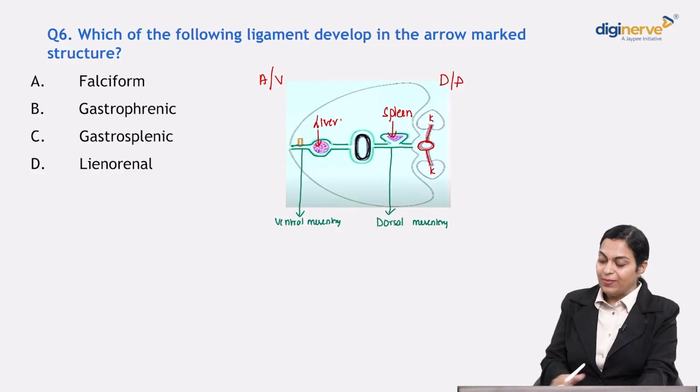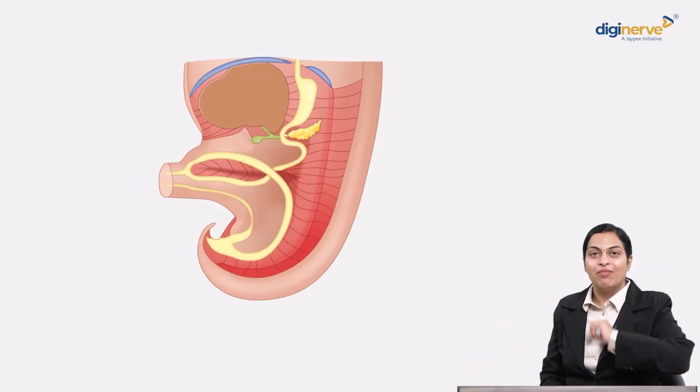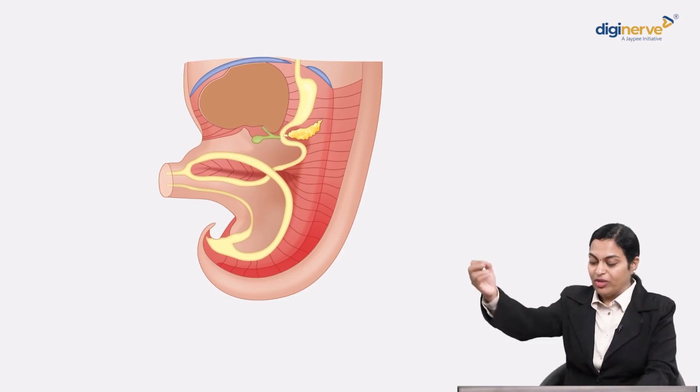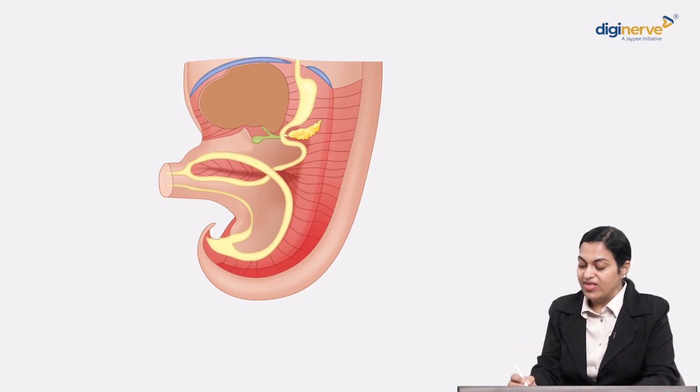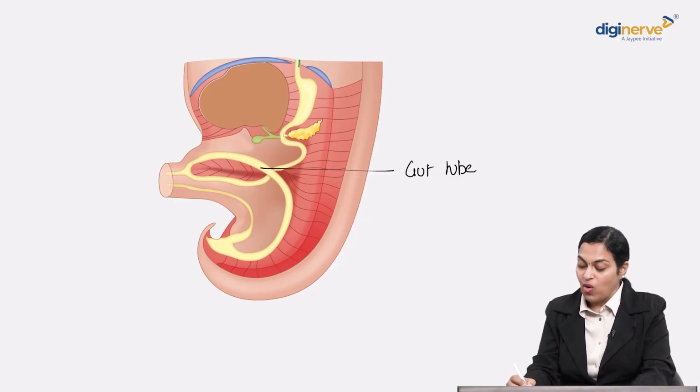Come on, let's see it. So this is another image of the same concept. Let me see how you are able to identify it, okay? So this is the gut tube, right? And this is the dorsal surface of the gut tube, right?